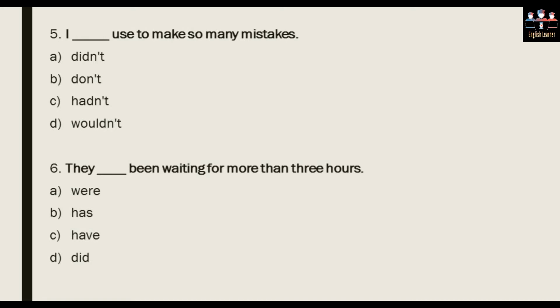B. Don't. C. Hadn't. D. Wouldn't. Number 6. They dash been waiting for more than 3 hours. A. Were. B. Has. C. Have. D. Did.